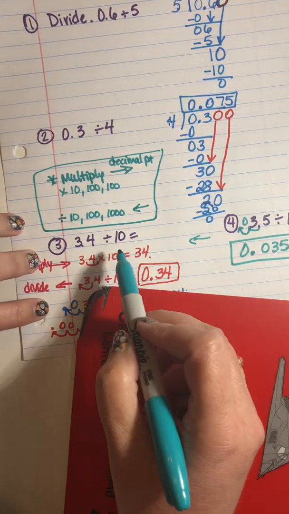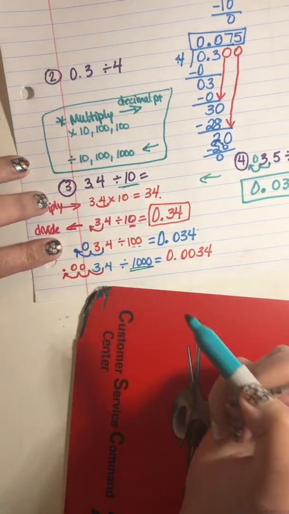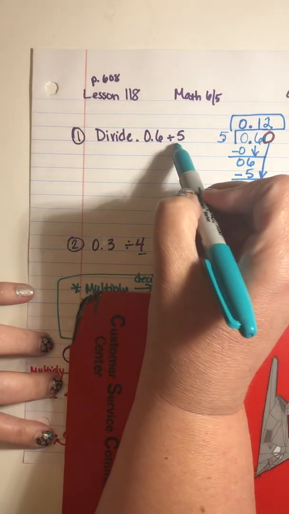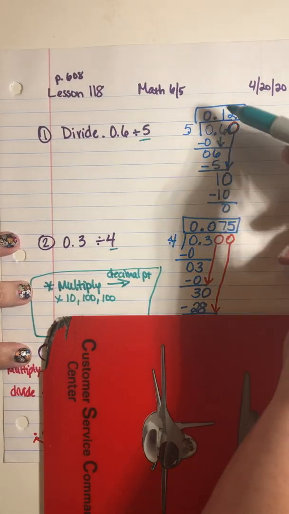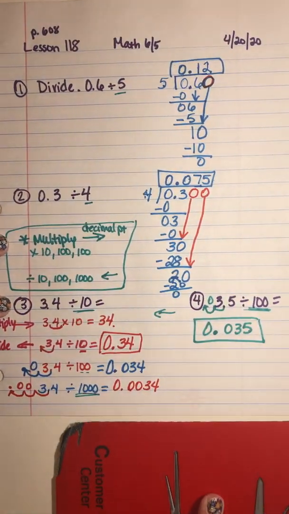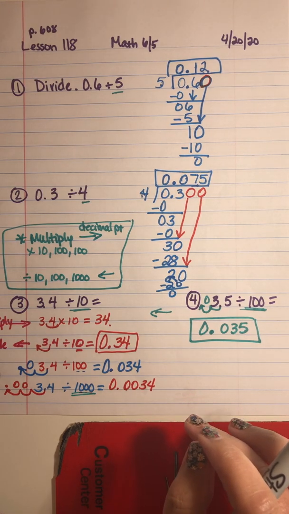So that's the shortcut if your whole number is 10, 100, or 1,000. If your whole number is not 10, 100, or 1,000, you have to work it out this way. Okay? So that is lesson 118.